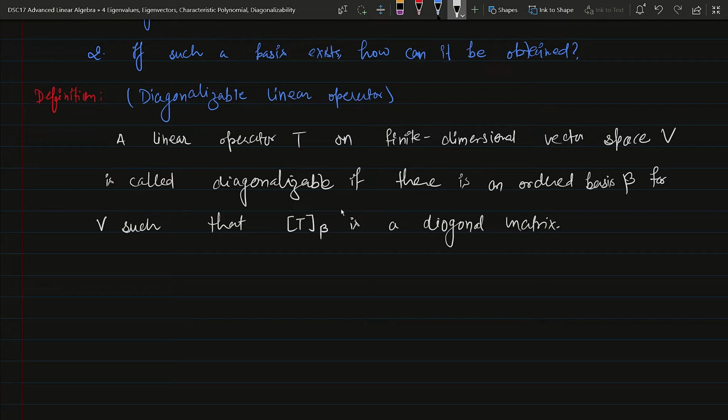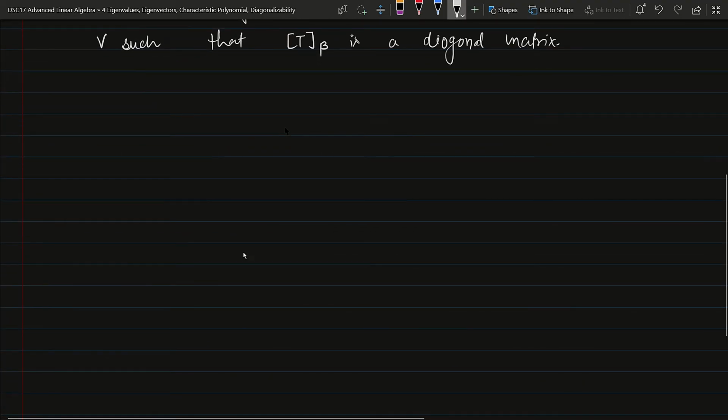Similarly, when will a matrix be diagonalizable?